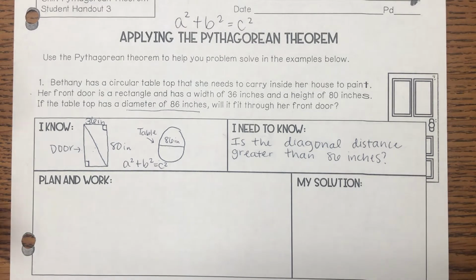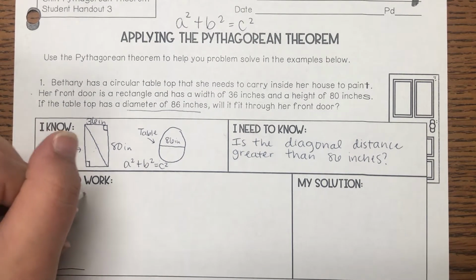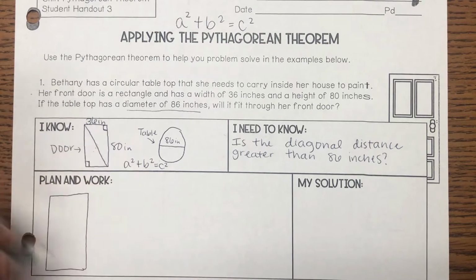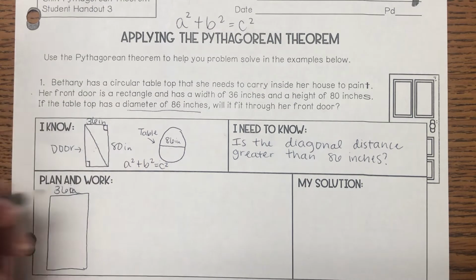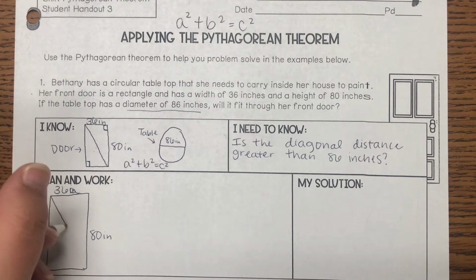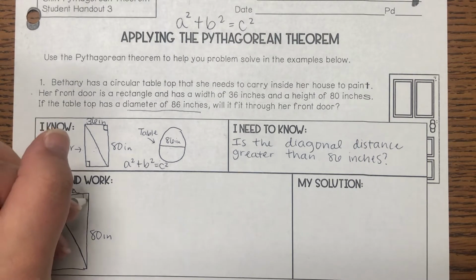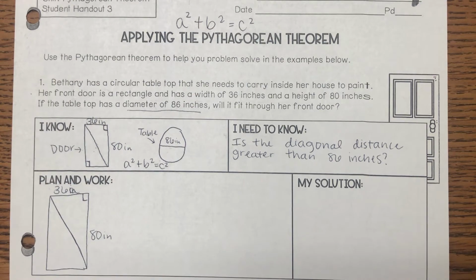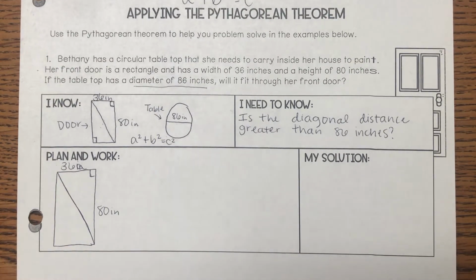Okay? So I'm going to redraw my door right here so we can see it bigger. I have my 36 inches here, I have my 80 inches here, and I'm looking for this value right here. So if you remember, we used a squared plus b squared equals c squared.